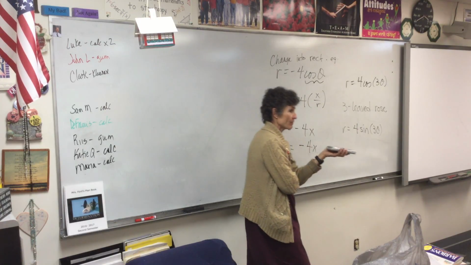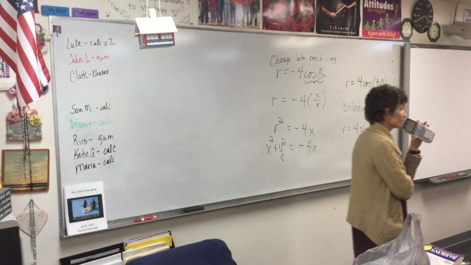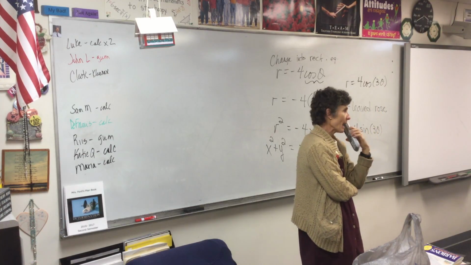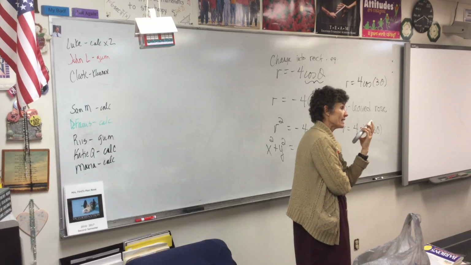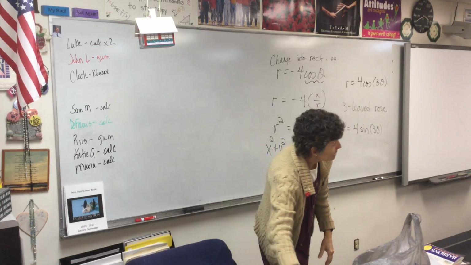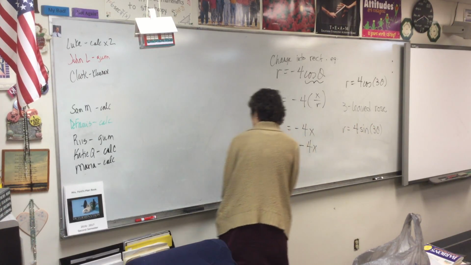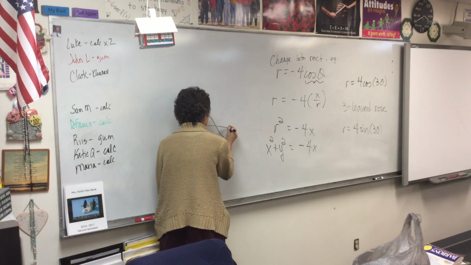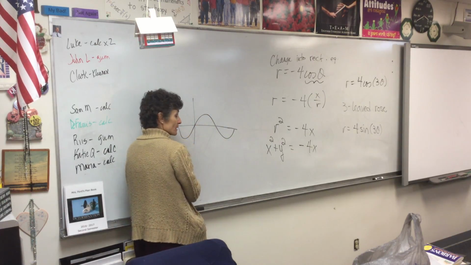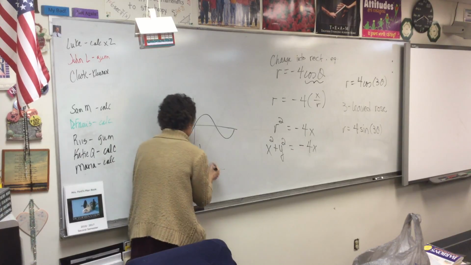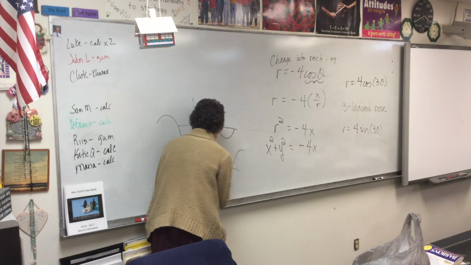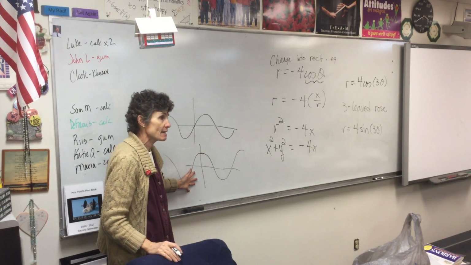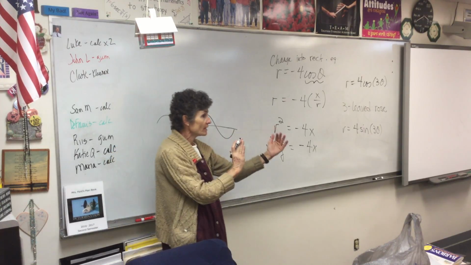Did you get another 3-leaved rose? Yeah. You did, but you didn't get the same rose. What happened? It rotated. And we are not surprised by that, because that's a sine curve, and this is a cosine curve. Aren't those exactly the same curve, except shifted?